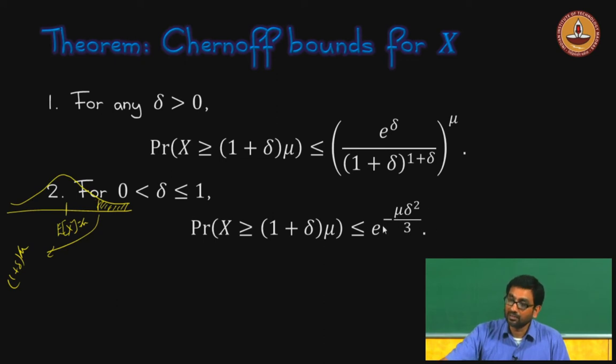In this coin flipping example that we have worked out in the past, it will show up as e to the minus 5,000 times delta square by 3. These delta square and 3 are all relatively small quantities, but you can immediately see that as the number of coin flips gets larger and larger, your probability of deviating significantly from the mean drops very, very quickly.